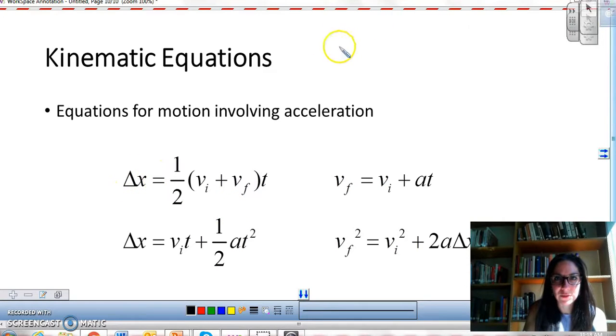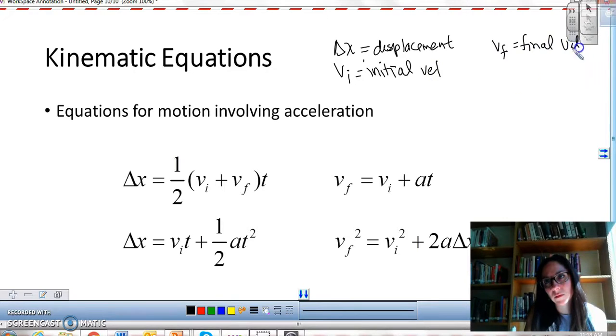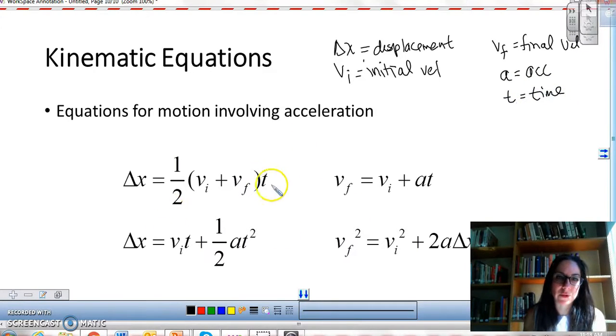So delta x represents a displacement. Vi is our initial velocity. Vf is our final velocity. And A stands for acceleration and T for time. Notice that this equation is good, but has no acceleration in it.